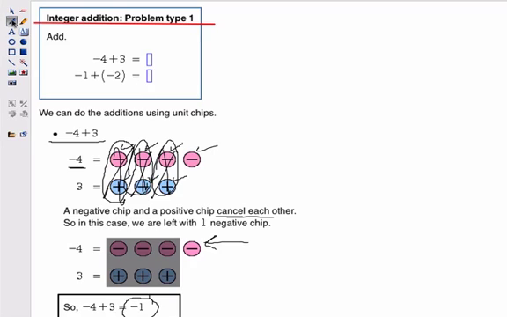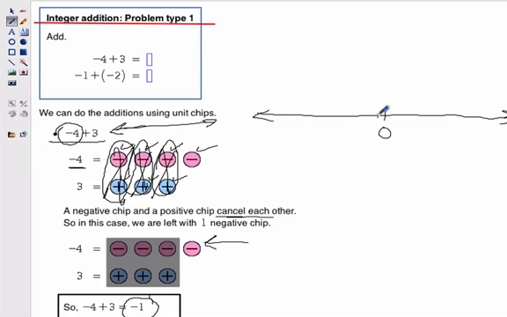Now there's another way to do this that you may have learned before or may be familiar with: our wonderful number line, right? We can take this problem and put it on a number line. Remember, we always start at 0. If we start at 0 and go to that first number, -4, so that's -1, -2, -3, -4.